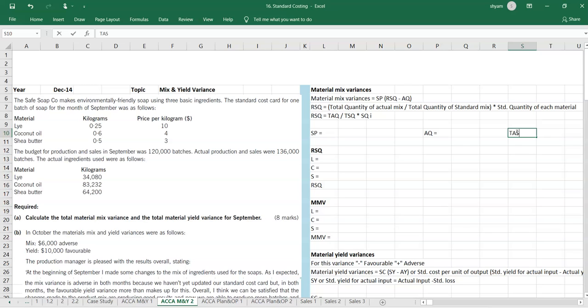So TAQ requires these numbers: 34,080, 83,232, and 64,200. Okay, so what is our TAQ?